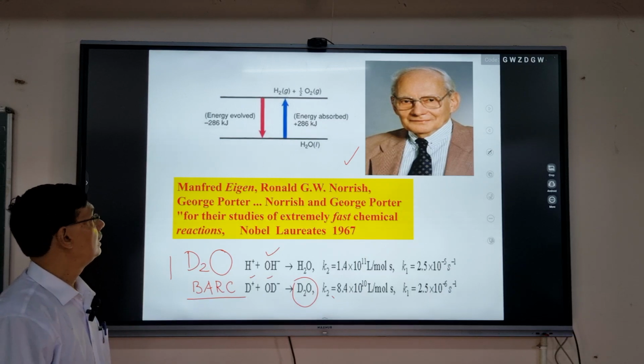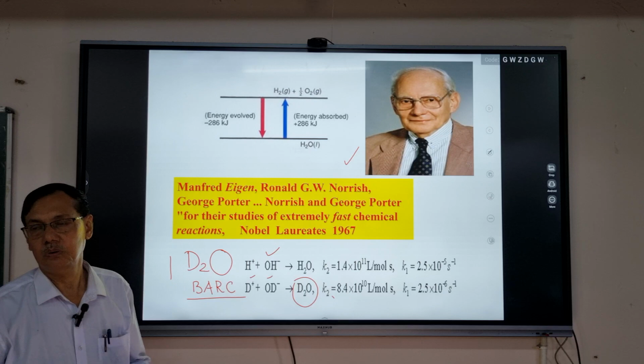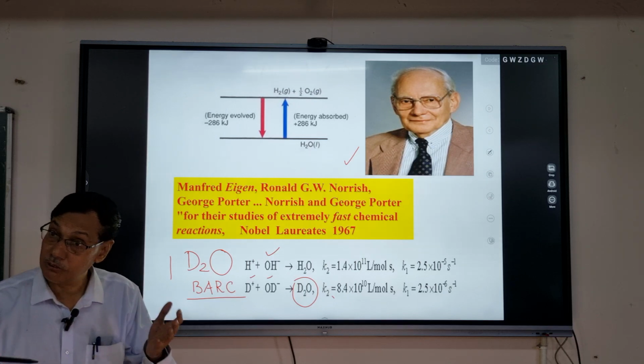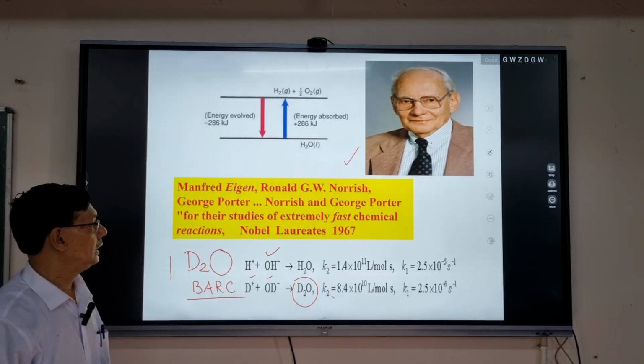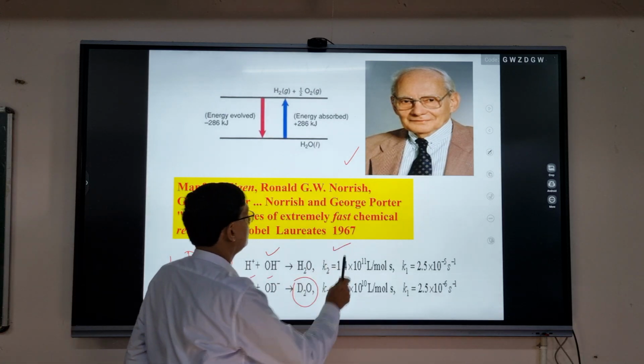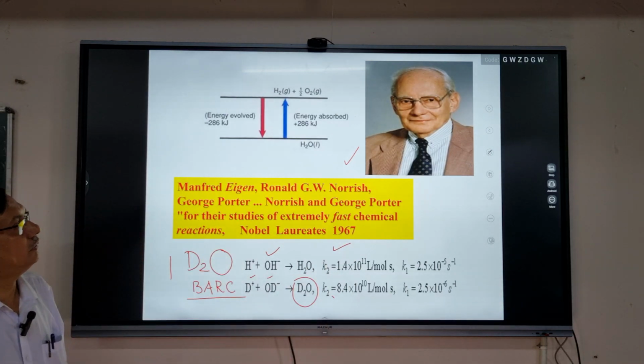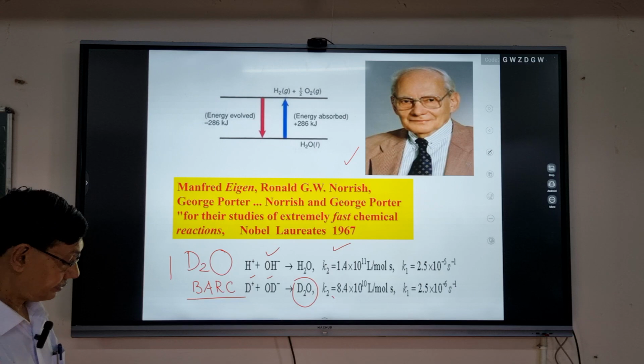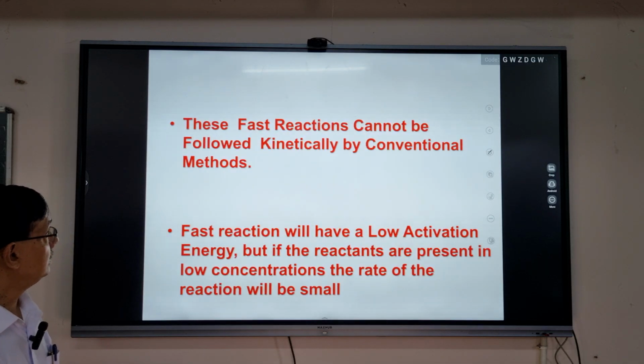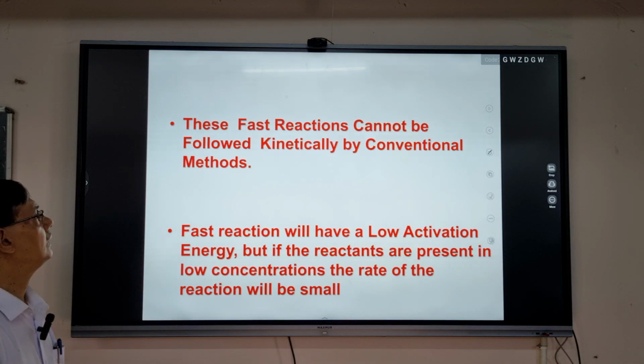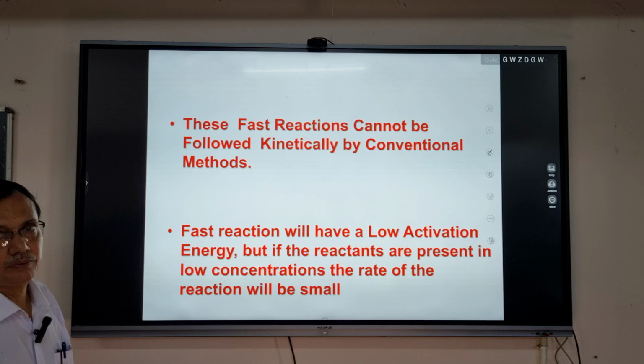And along with this Eigen, two other scientists, Norrish and Porter, regarding the photochemical reaction. That is also a very fast reaction. I will explain. So three persons got the Nobel Prize. But these fast reactions cannot be followed, as I have already told you, even kinetically by conventional methods.